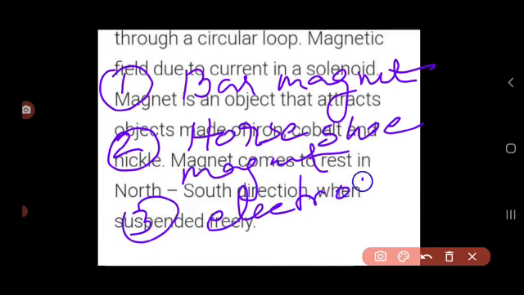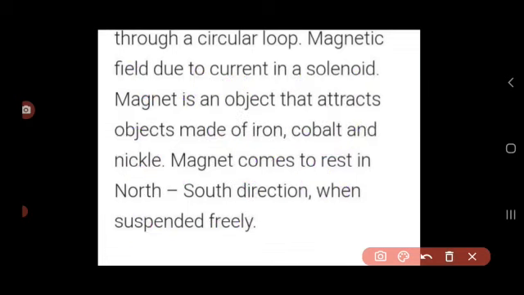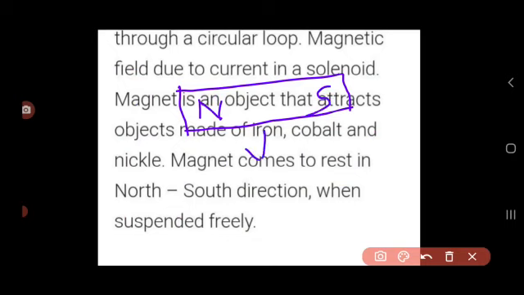Horseshoe magnet has a different shape. It is like this, and this type of magnet is considered a horseshoe magnet. And electromagnet is like this.